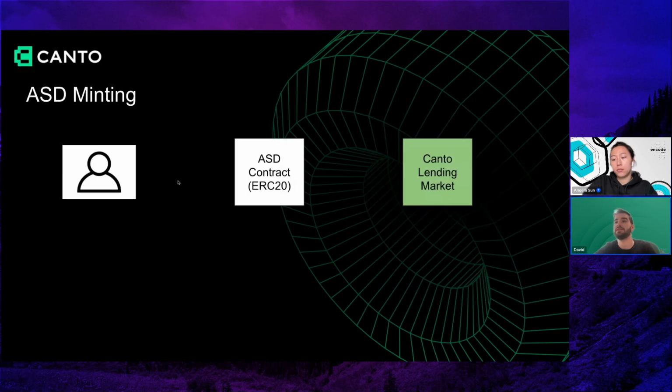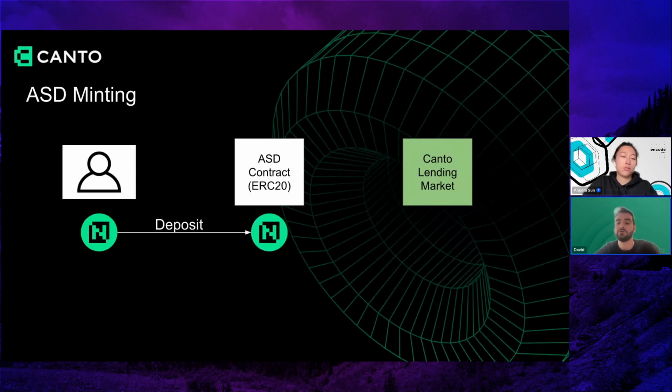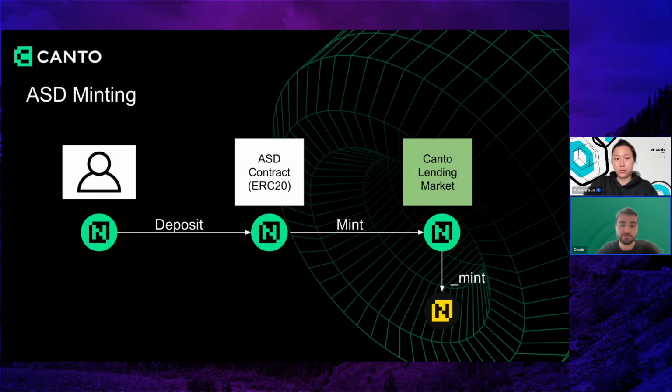Okay, so for minting ASD, it's a very simple flow, kind of similar to a swap. Say a user has note and they want to purchase an ASD token from a protocol. They would just call deposit on the ASD contract, which would take that specified amount of note from the user. And then during this process, the ASD contract would just supply this note to the lending market, which would also internally mint C note.